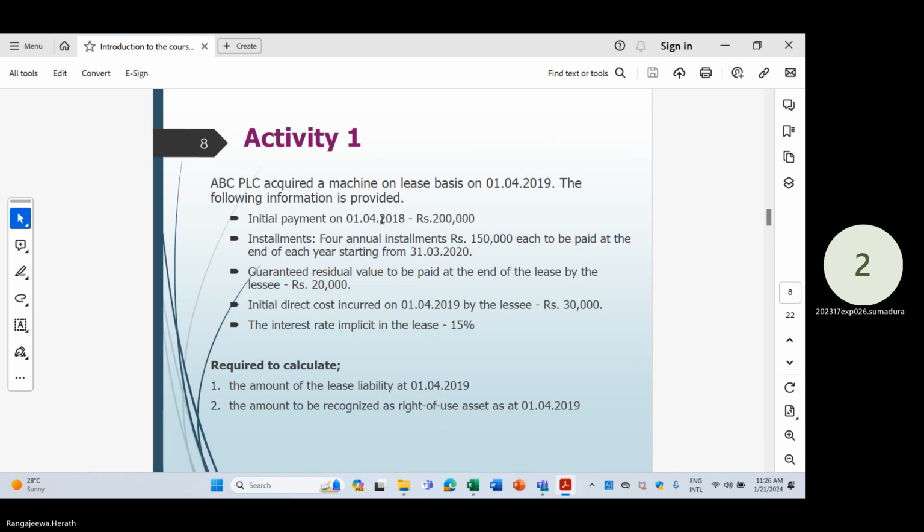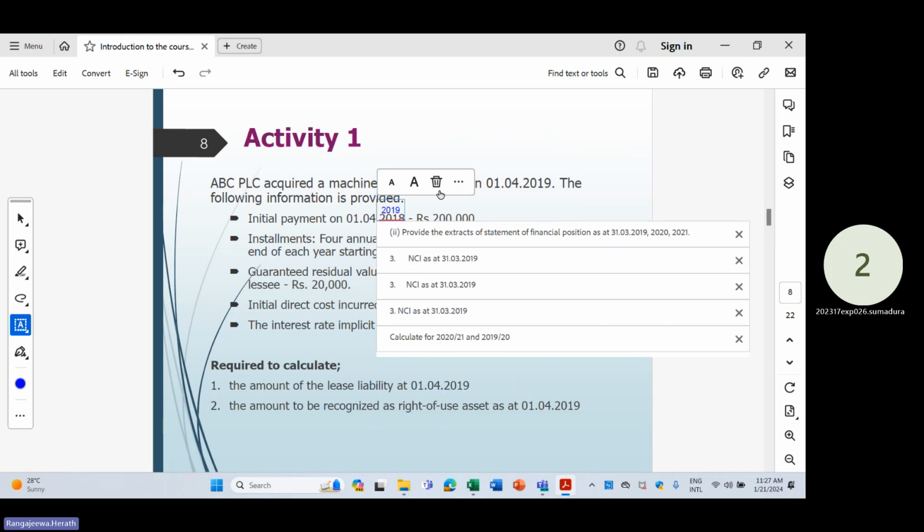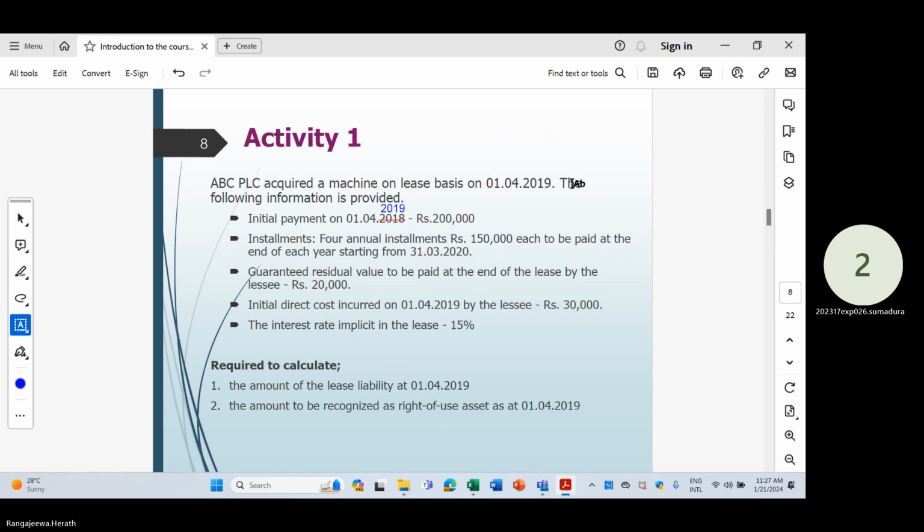This should be 2019, because the agreement is on 1st April 2019, so the down payment is made on the same day. Then the installment 150,000 times 4, starting from 2020, after 1 year, the first installment. Likewise, you are paying.